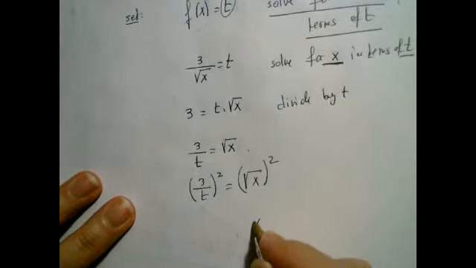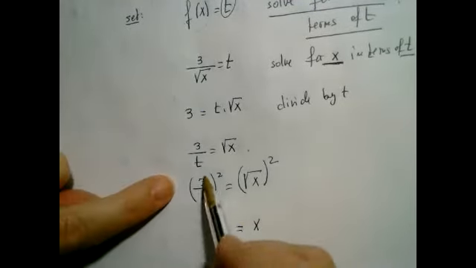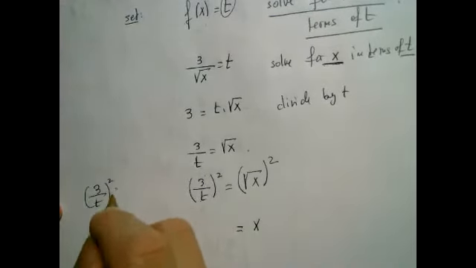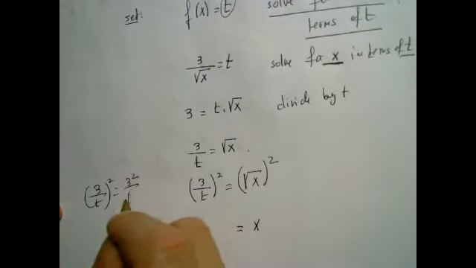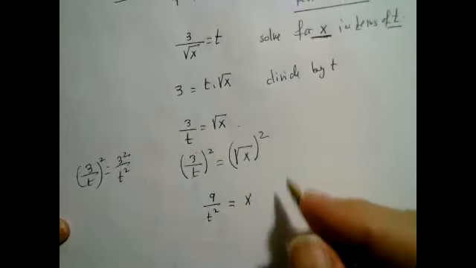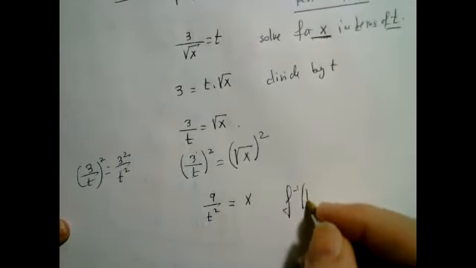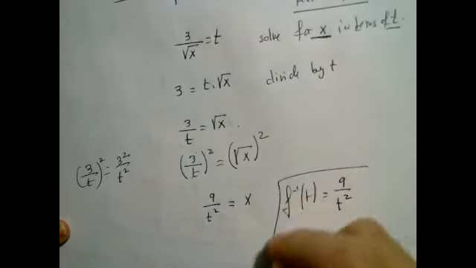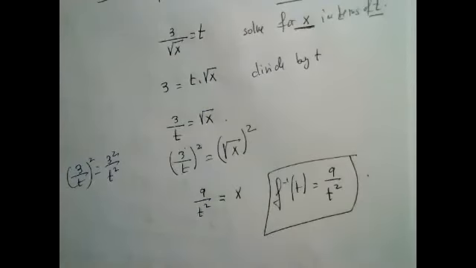And now finally, I get x equals 3 over t squared, which is 3 squared over t squared. So this will give me 9 over t squared. So f inverse of t, it means the function that gives me the input in terms of the output, is 9 over t squared. End of the problem.